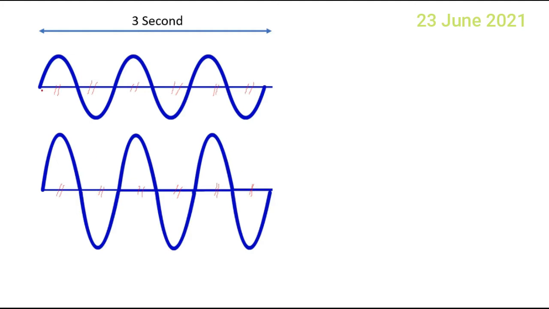So this particular part of the medium moves from here to here. This is the height which we can call maximum displacement. So what is the maximum displacement here? It is this portion.